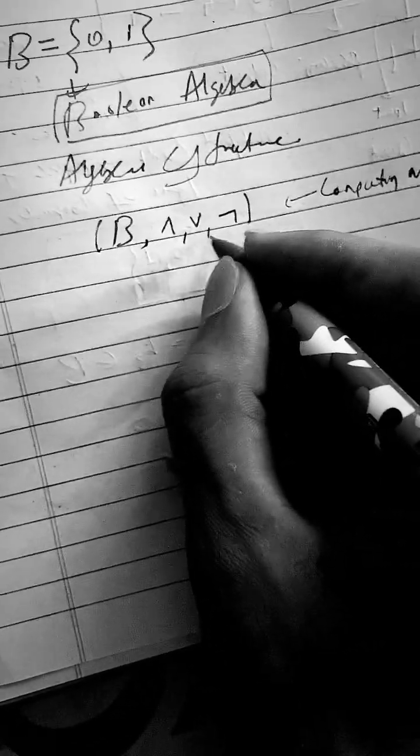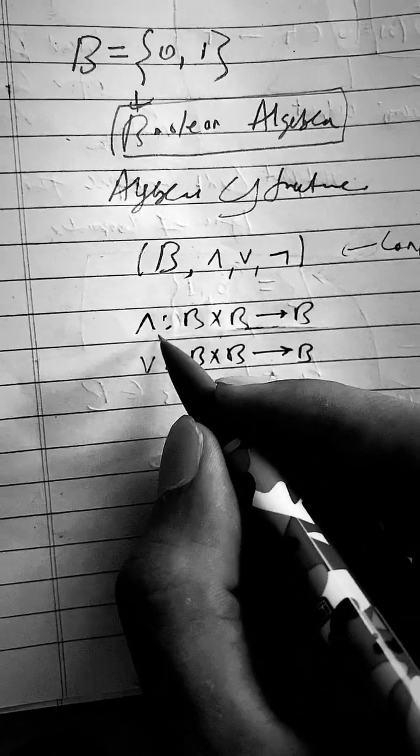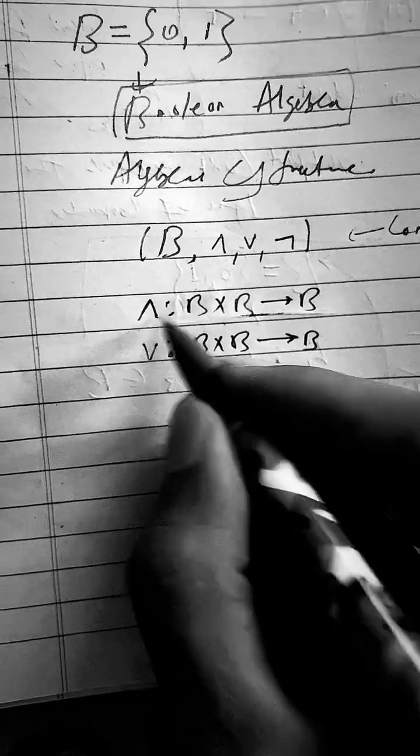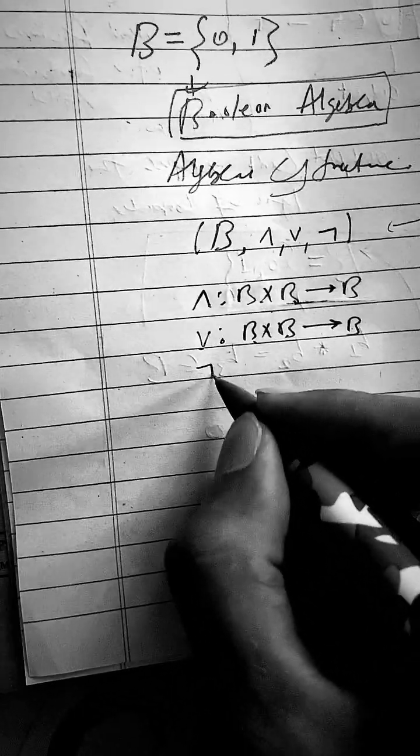Now this is not enough, because it is still not defined, so we have to define it. What is AND? AND is B cross B to B, a Cartesian product. What is OR? OR is B cross B to B. We have to be very careful while defining NOT, because we said binary operation. AND is a binary operation, OR is a binary operation, but what about NOT?